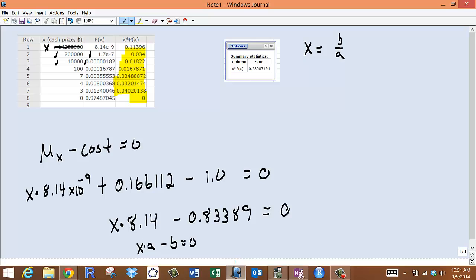So when we solve this equation here, we get that x is equal to 0.83389 divided by 8.14 times 10 to the minus 9. And don't leave off that times 10 to the minus 9. That number's there.